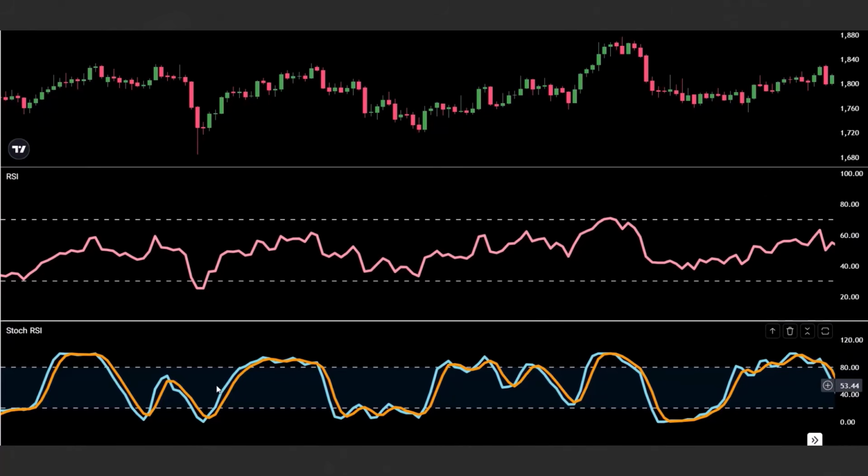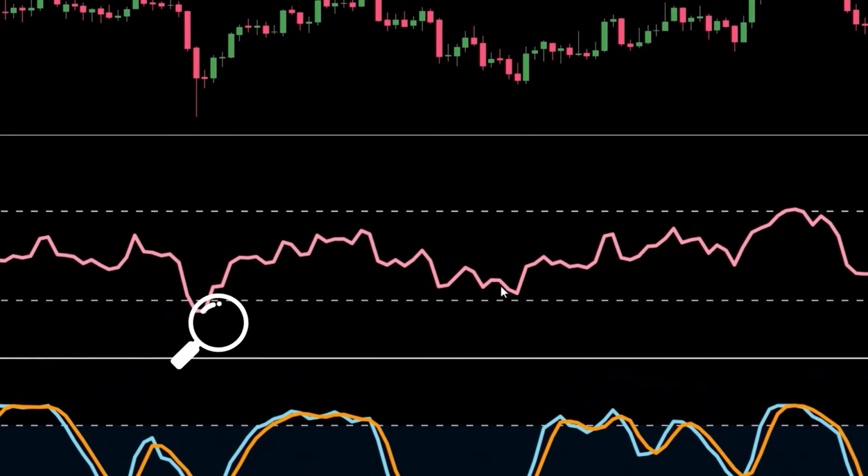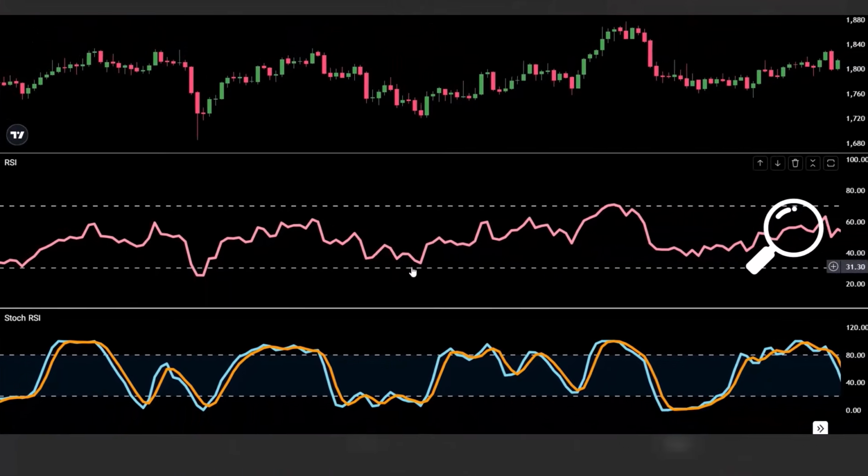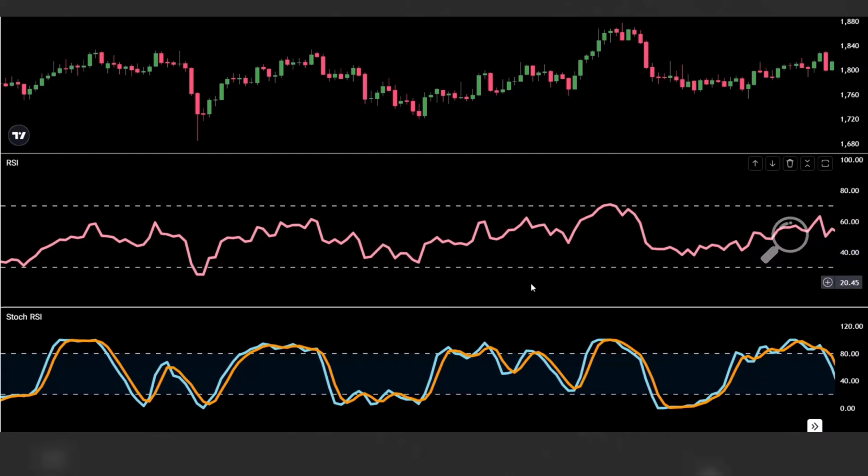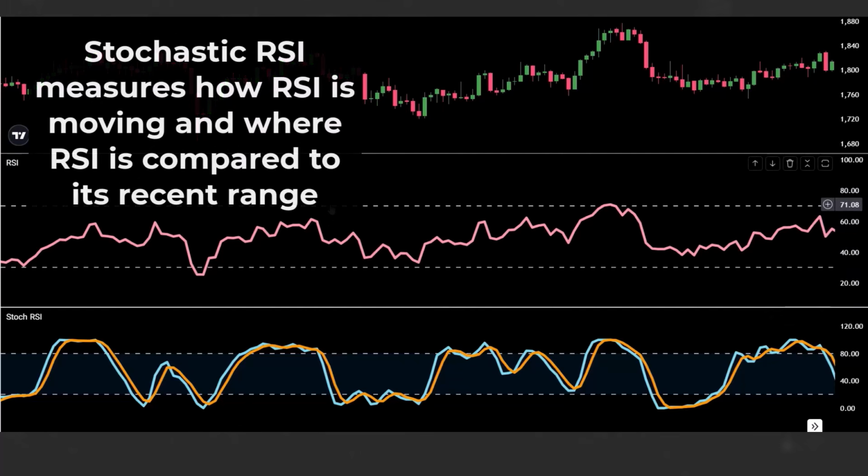So, what exactly is it? Let me explain it in a very simple way. As you can see, RSI is a line moving up and down. Now imagine we take a magnifying glass and zoom in on RSI itself. That magnifying glass is stochastic RSI. It does not look at price directly. It looks at RSI. So, stochastic RSI measures how RSI is moving and where RSI is compared to its recent range.